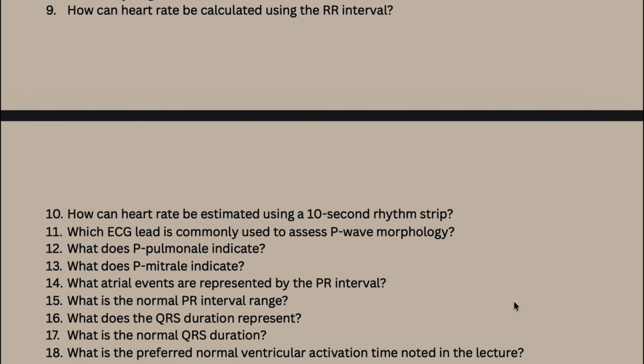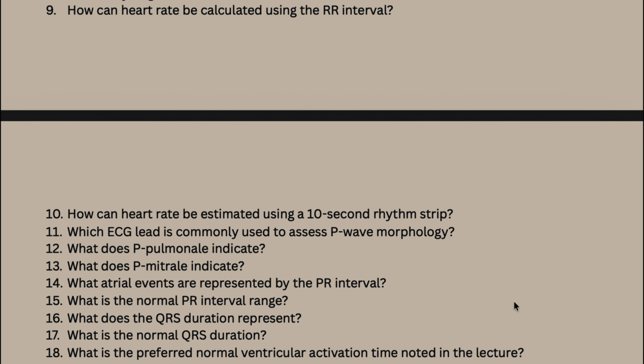Now let's look at question 11 to question 13. We're going to be solving all the questions that are similar collectively. So P-wave morphology. The P-wave is best assessed in lead 2.